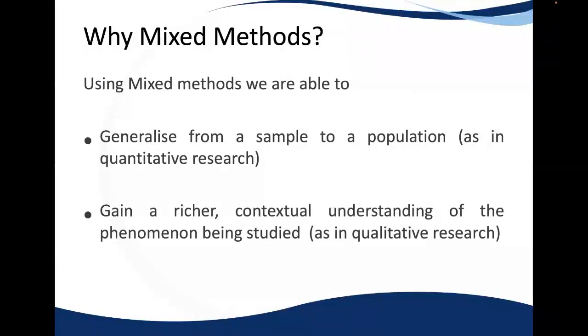Now, people ask, why would one use mixed methods? And basically, we're using mixed methods because the argument is that you as a researcher would have come to the conclusion that your study and the problem you're trying to look at is so complicated that you need to understand it using more than just one of the two approaches that we popularly have to choose from.